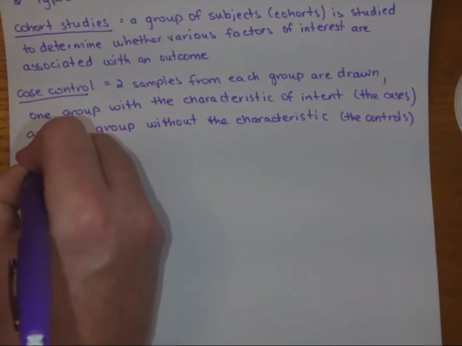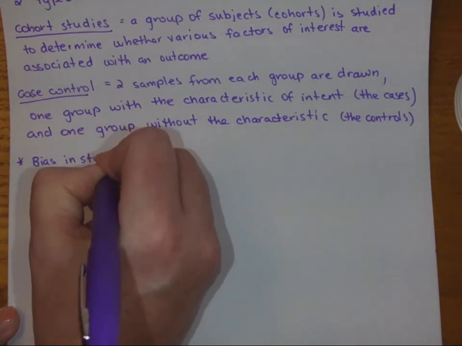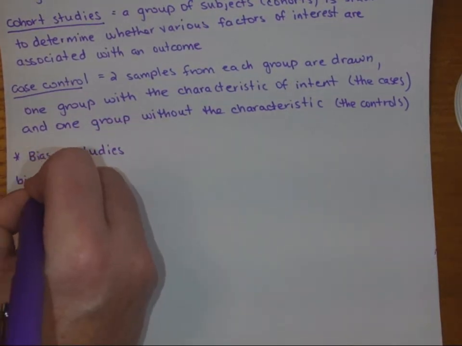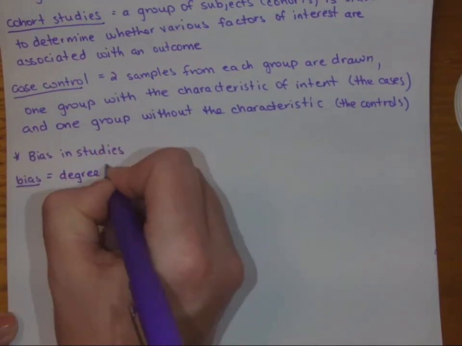Okay, so I'm going to kind of quickly go through. The last thing we're going to talk about is all studies or experiments have some bias. We need to be aware of that. It's impossible to eliminate bias, but we can try to reduce it when possible.